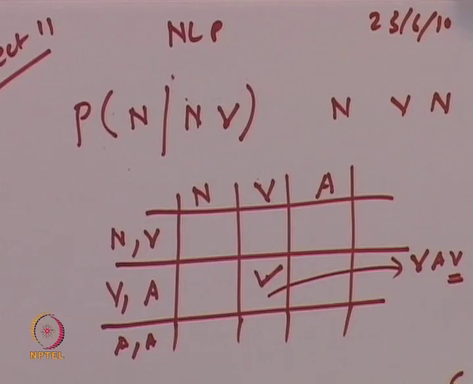So, 10 to the power minus 5 means there are many nouns in the corpus, and people appears once out of 10 to the power 5 nouns. For every 10 to the power 5 nouns, one is people. This is the meaning of this probability.